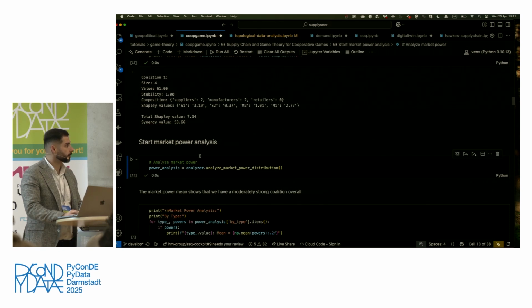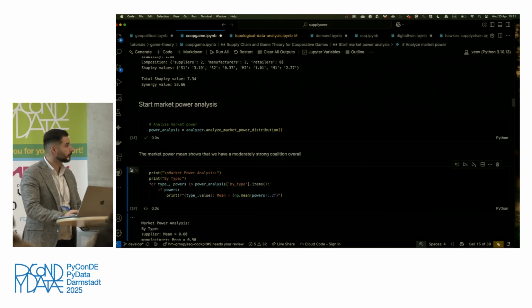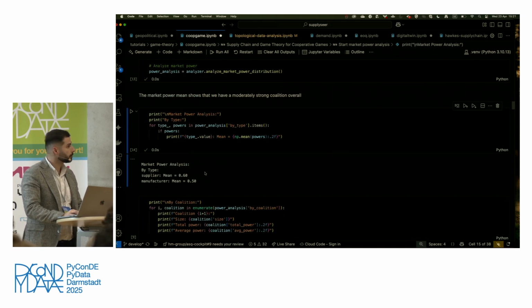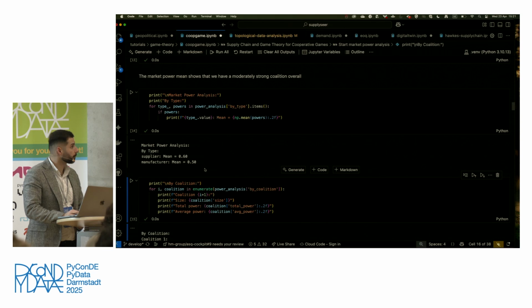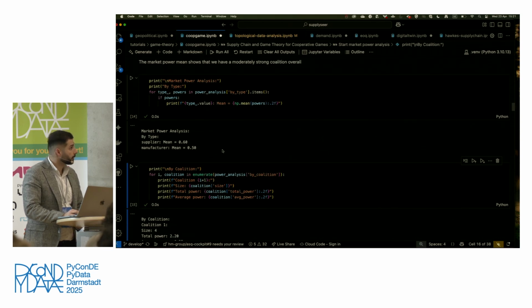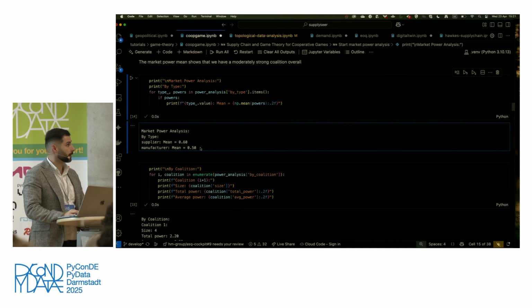Let's analyze their market power, by coalition. The suppliers have a total power structure of 0.6, the manufacturers an average power structure of 0.5.